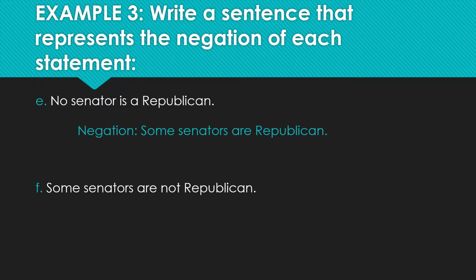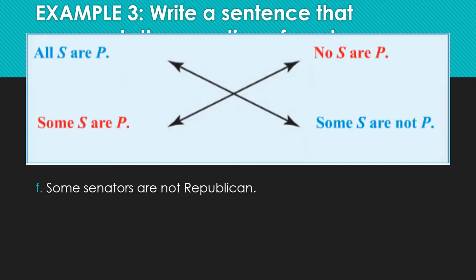And then our last sentence, some senators are not Republican. Once again, you just find the sentence that matches this, which is the bottom right sentence. So the negation of that would be all senators are Republican.